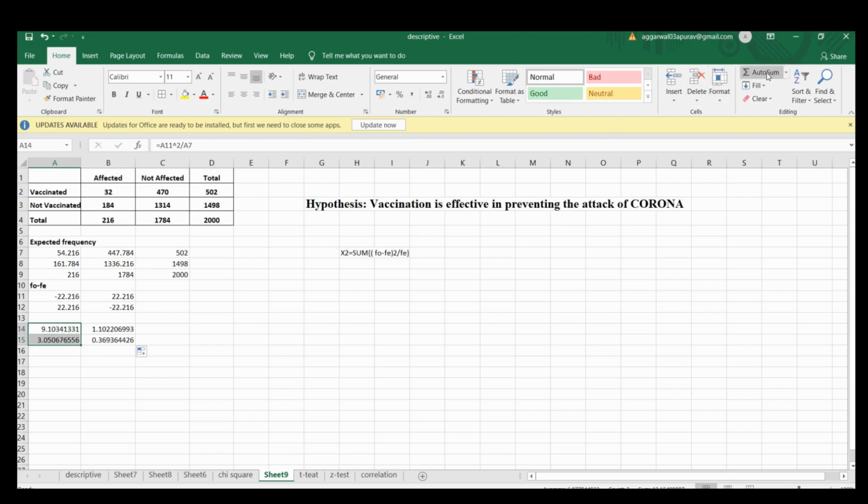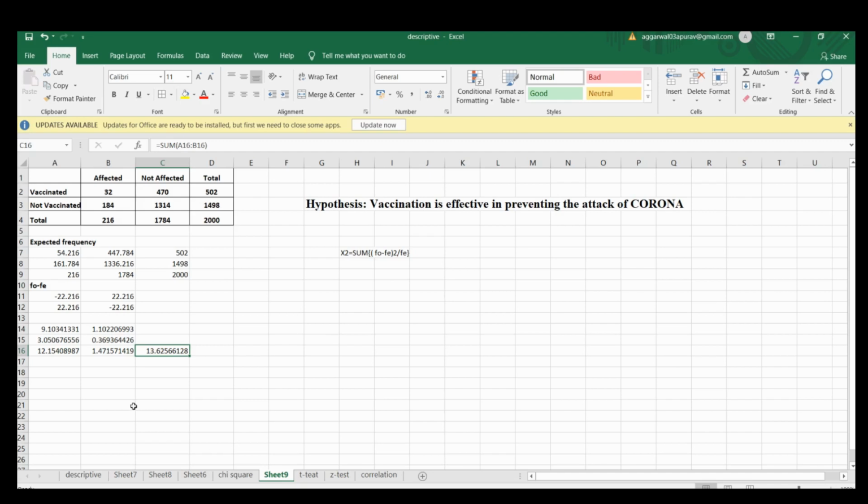The sum of this, 13.63, is the calculated value of chi-square.